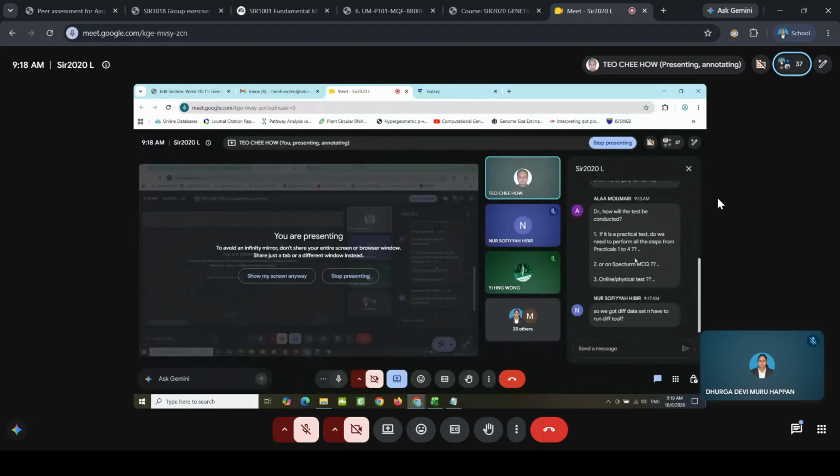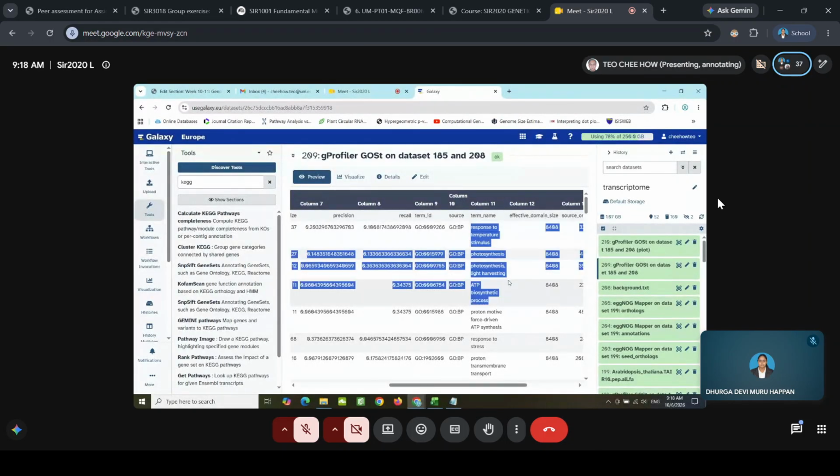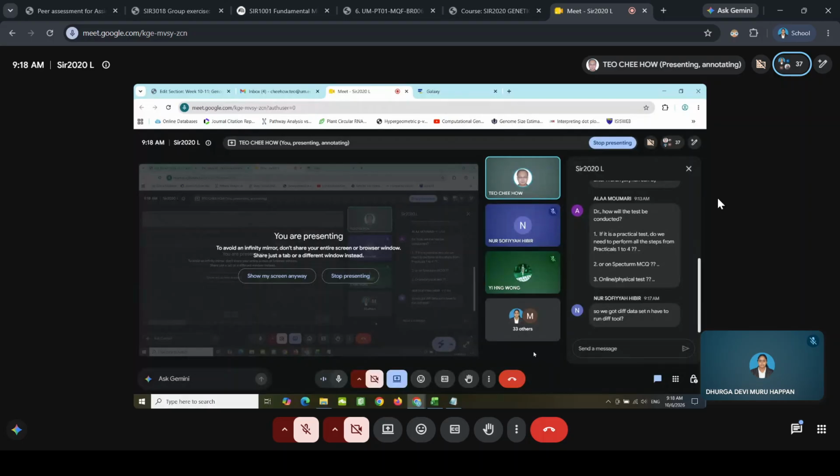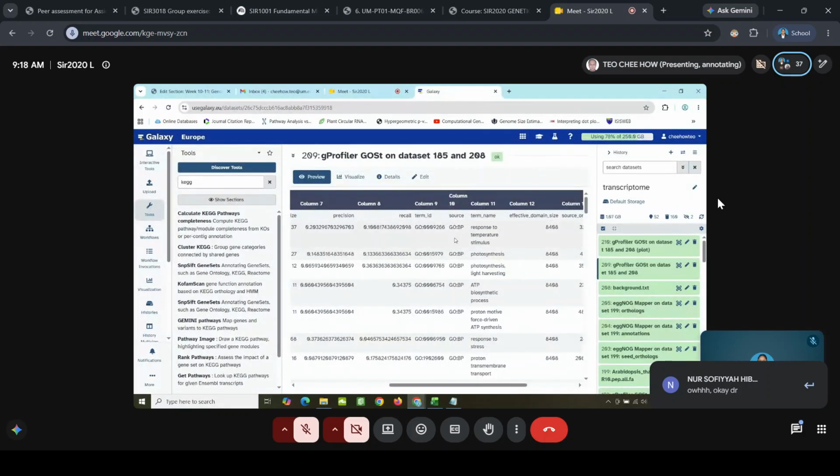But then each of you will have a different answer. And the mark is only given if you show the proof. If you only answer without giving the proof, that indicates that you don't understand the analysis itself, and you won't get any mark, even if you answer it. So the proof you must attach together with your exam paper.